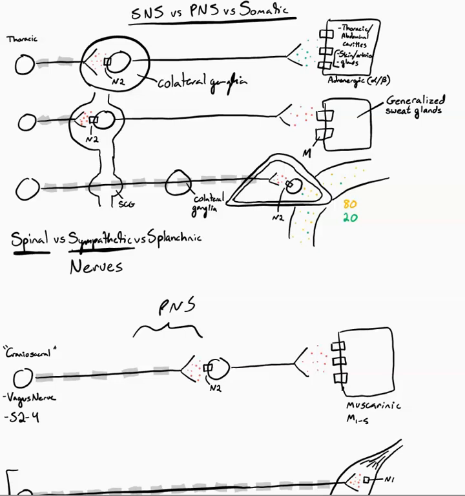And then splanchnic nerves are nerves that will synapse in the collateral ganglia and lead to the abdominal cavity. And the collateral ganglia is where splanchnic nerves come from. They form and then go into the collateral ganglia.